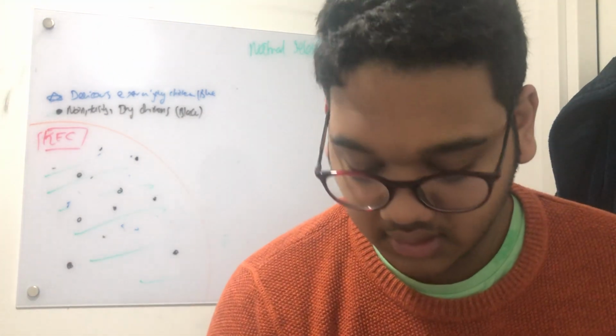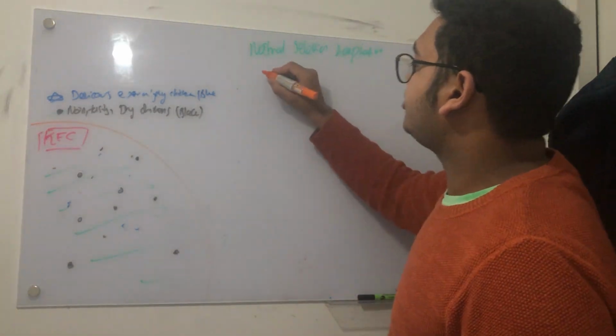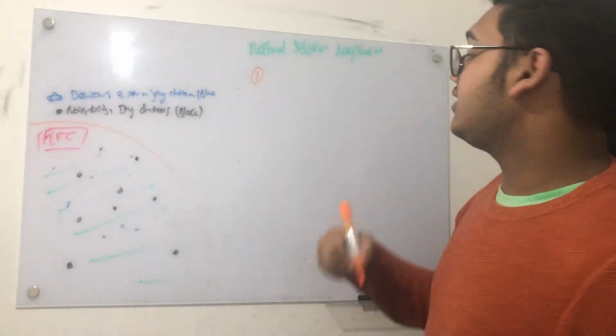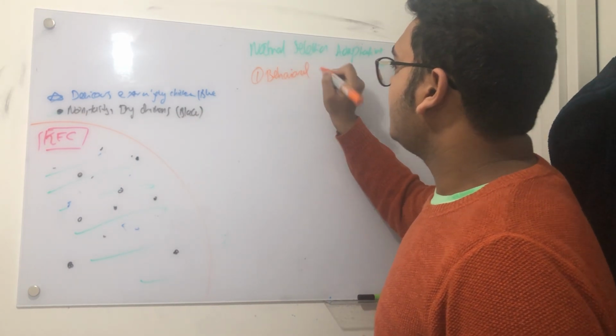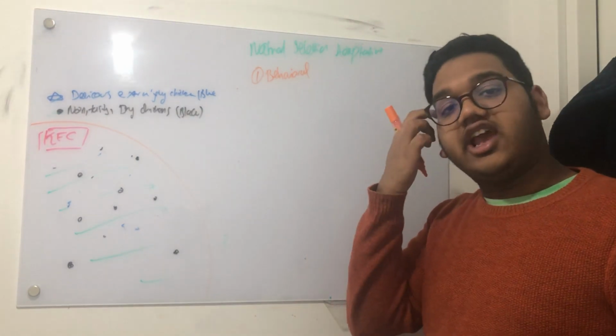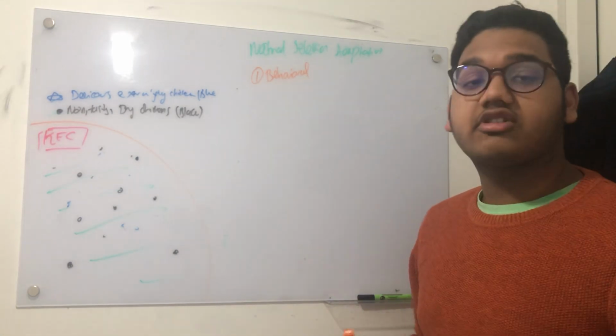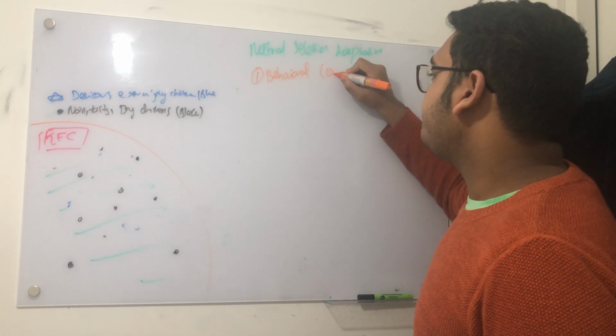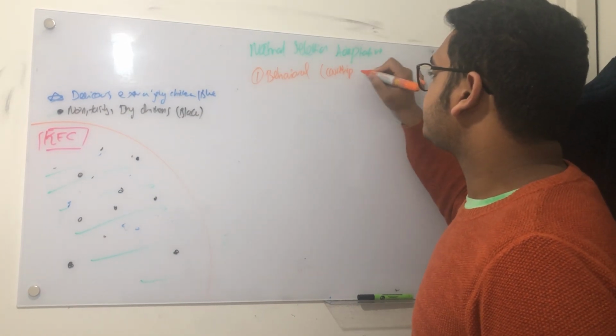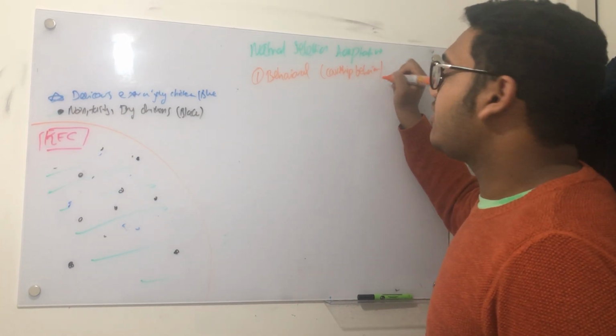The first adaptation is it could be behavioral. So it might lead to changes in the way that organisms interact with each other. So maybe changes in their courtship behavior. They might flap their wings.